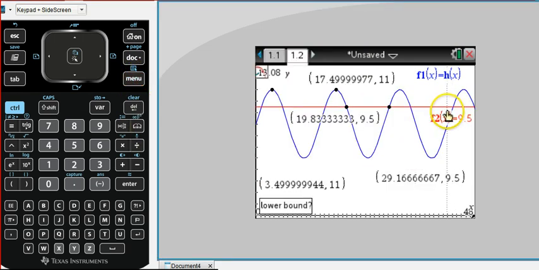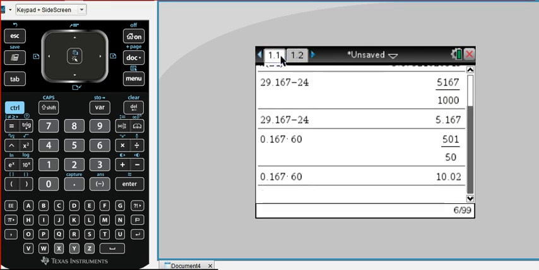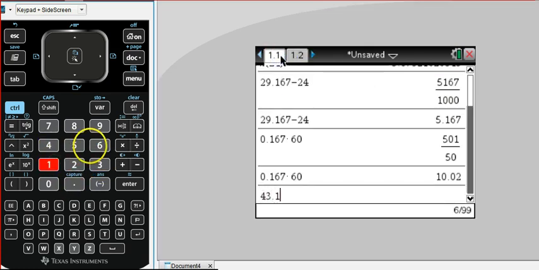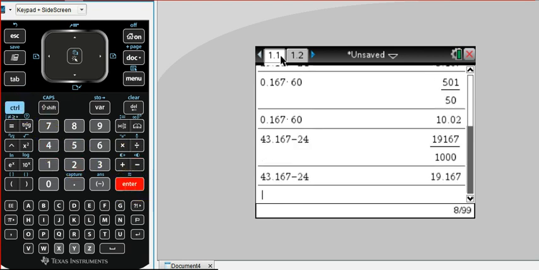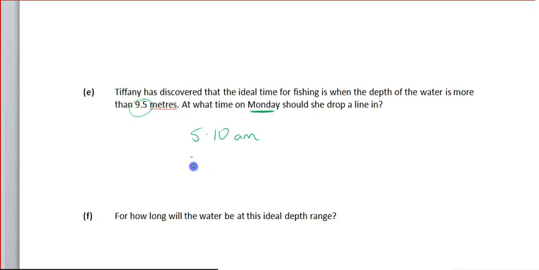So if we find this intersection point of 43.167, then the same thing, we can go to our calculator page and say, well, 43.167 minus the 24 hours of the day before is 19.167. So what time on the Monday is that? Well, we know it's going to be 7 o'clock at night, and the 0.167, like we did before, we know is 10 minutes. So your answer there would be at 7:10 p.m. as well.